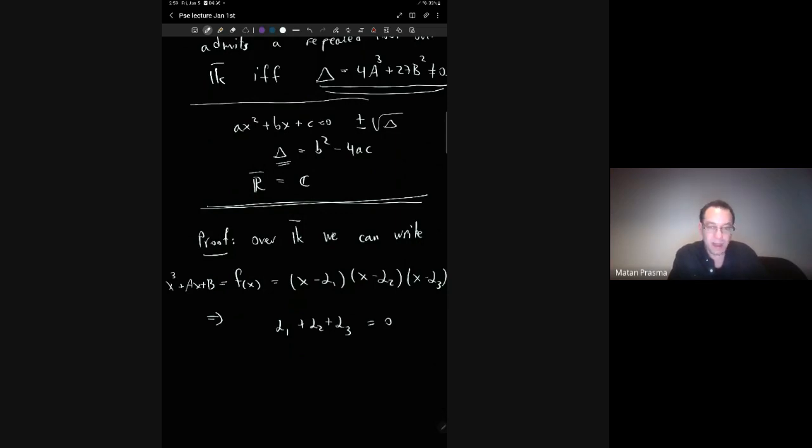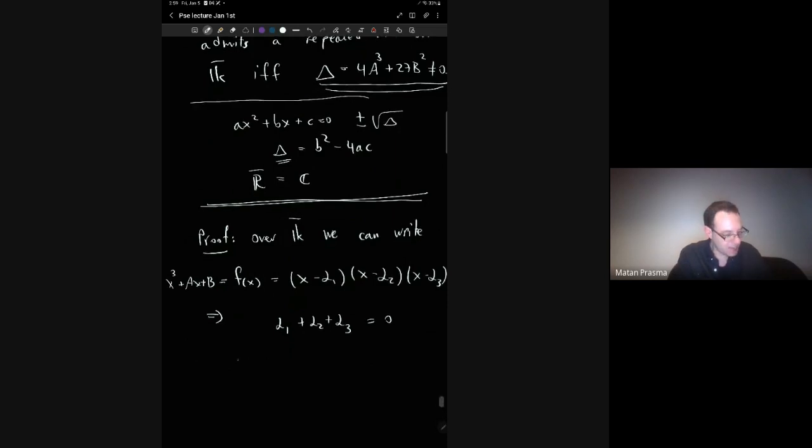Then the coefficient of x is alpha 1 alpha 2 plus alpha 1 alpha 3 plus alpha 2 alpha 3 equals a. And the last equation is alpha 1 alpha 2 alpha 3 equals minus b.